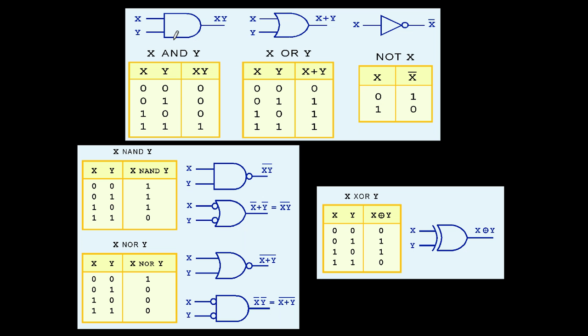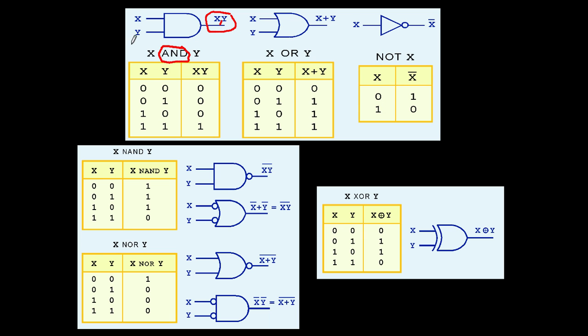So let's see here. Here what do I have? I have an AND gate. This is an AND gate, and this is putting a dot here. This describes it in a Boolean expression. This describes the logic diagram of it, X and Y, 0 and 1, whatever I had.